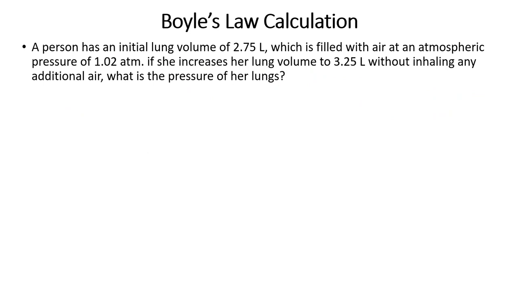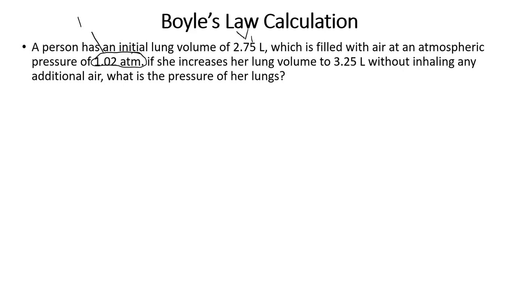So here is our problem. A person has an initial lung volume of 2.75 liters. So immediately we know that this one is our V1, which is filled with air at an atmospheric pressure of 1.02 atmospheres.